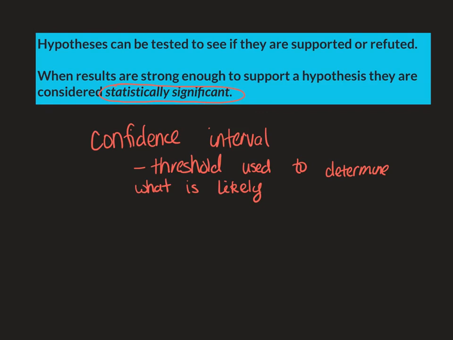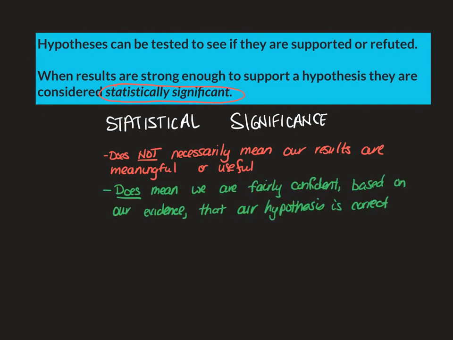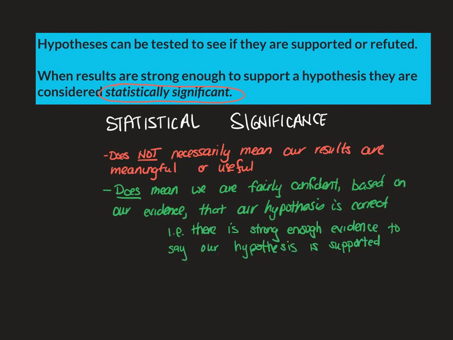Statistical significance does not mean meaningful. Instead, statistical significance is a determination that the evidence to support the hypothesis is strong enough for us to have high confidence that the hypothesis is indeed true. Remember, statistical significance does not guarantee that your result is useful or meaningful, and it does not guarantee that your hypothesis is correct.